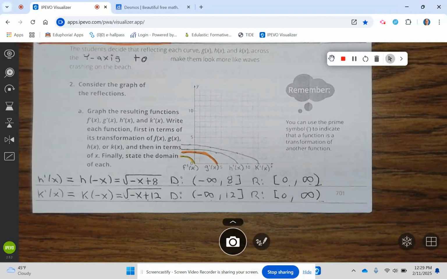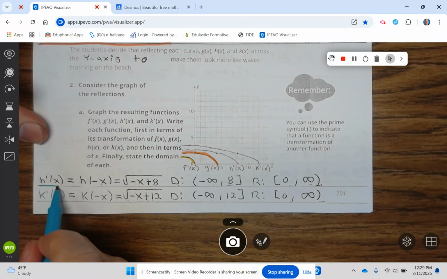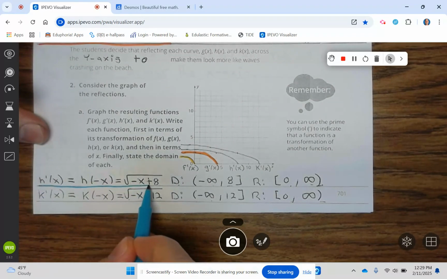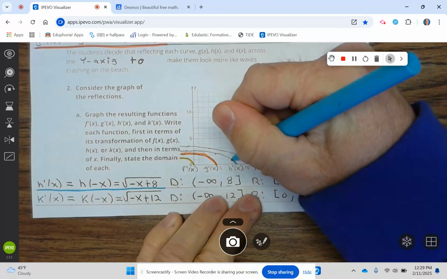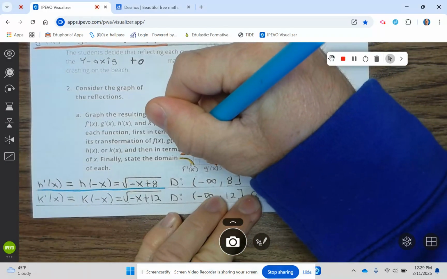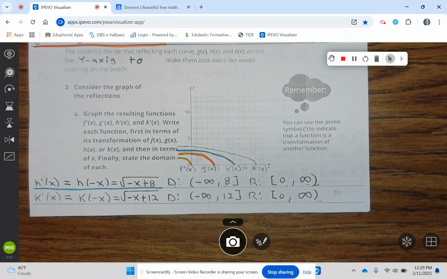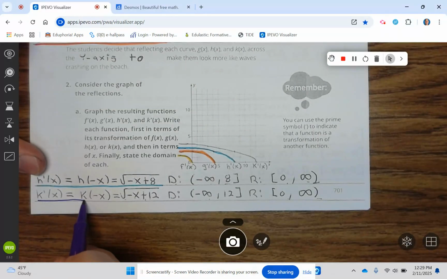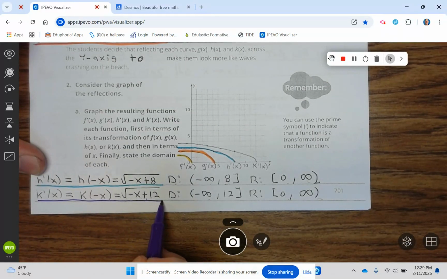And then h prime of x equals h of negative x, which is the square root of negative x plus 8. And k prime of x equals k of negative x equals the square root of negative x plus 12.